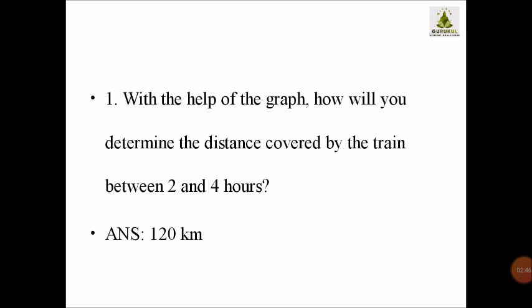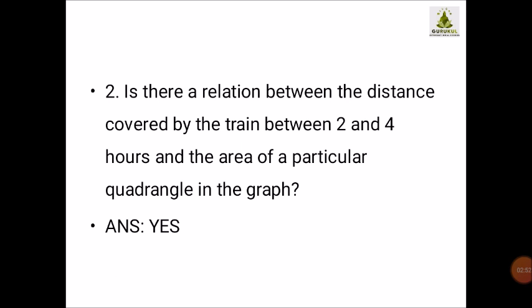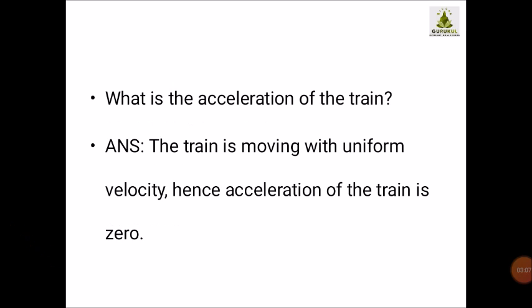You will come to know that the distance covered is 120 kilometers. Then, is there any relation between the distance covered by the train between 2 and 4 hours and the area of a particular quadrangle in the graph? Yes, there is a relationship.